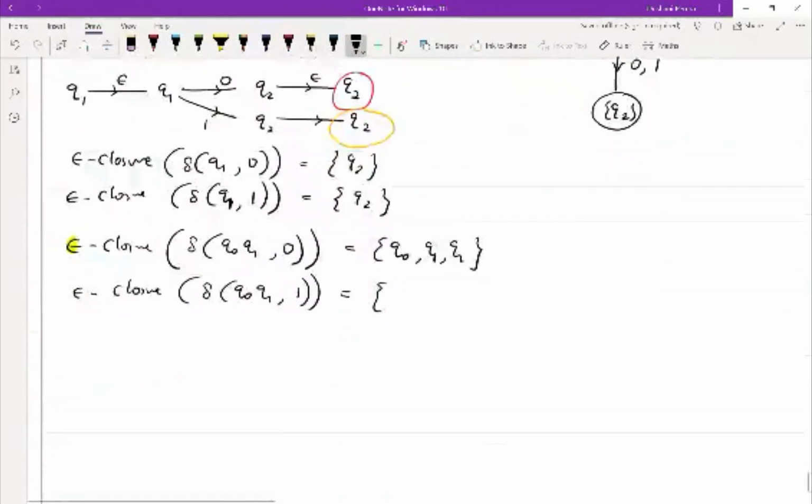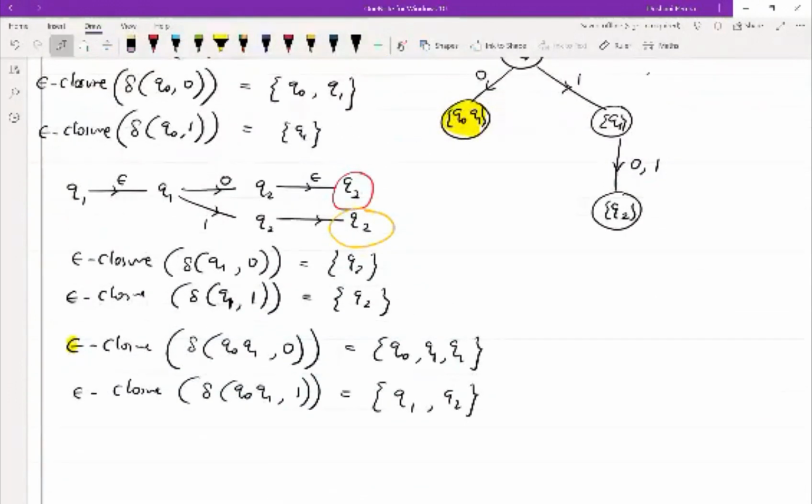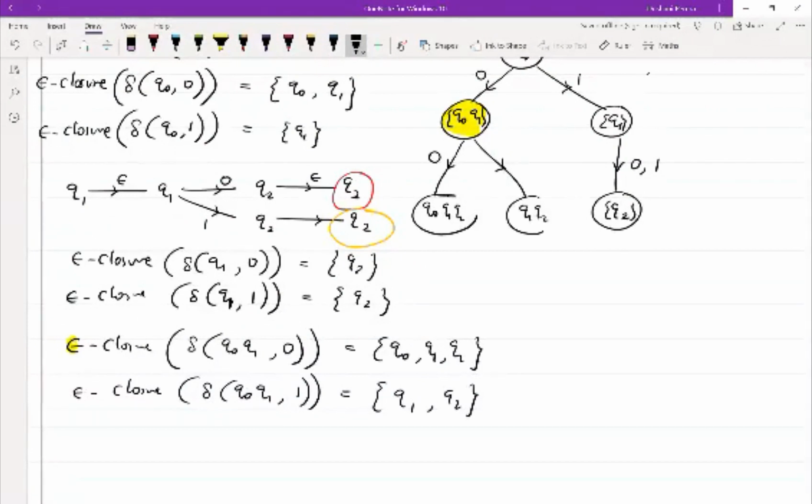Get the union of those two: Q1, Q2. Now looking at those two, I will extend my diagram further. When I give a 0, I come to the Q0, Q1, Q2 state. And when I give a 1, I will come to the Q1, Q2 state. Got it?